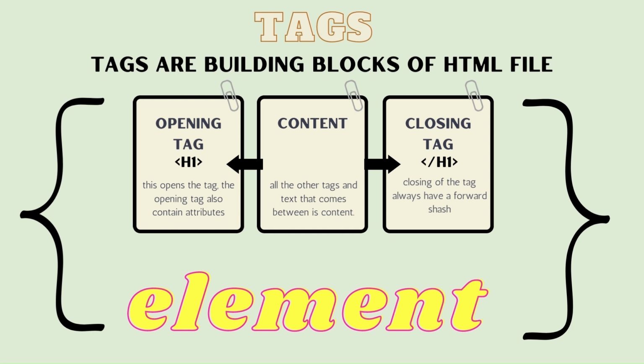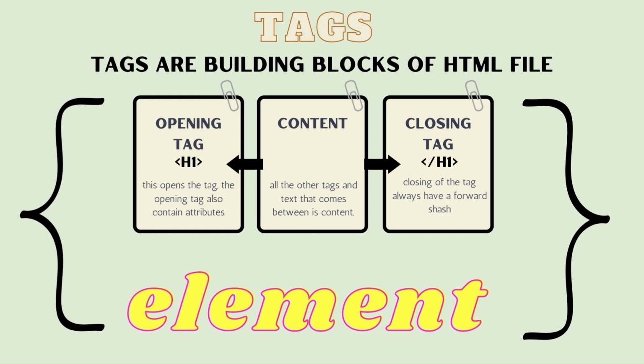Anything which is written inside angular brackets is a tag. As you can see, the opening tag just has the angular brackets, while the closing tag has a forward slash before we start writing something inside the opening and the closing tag. That's how we differentiate them.